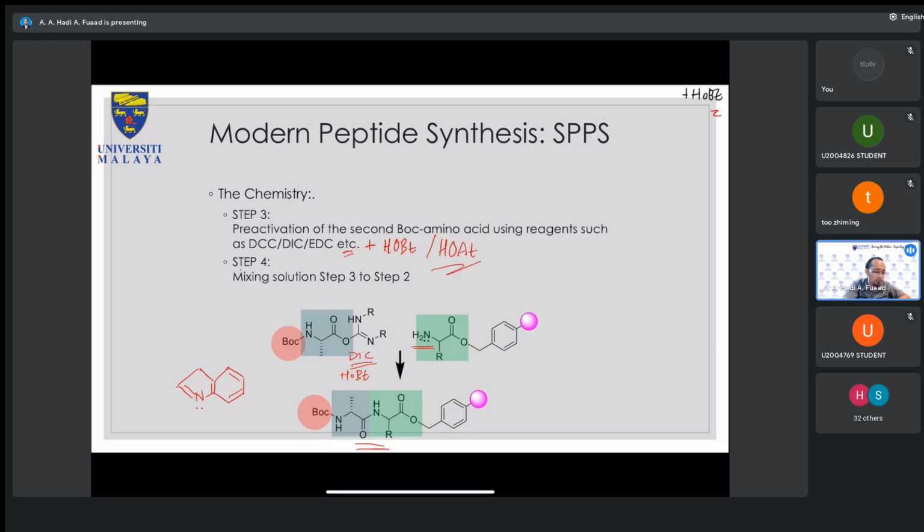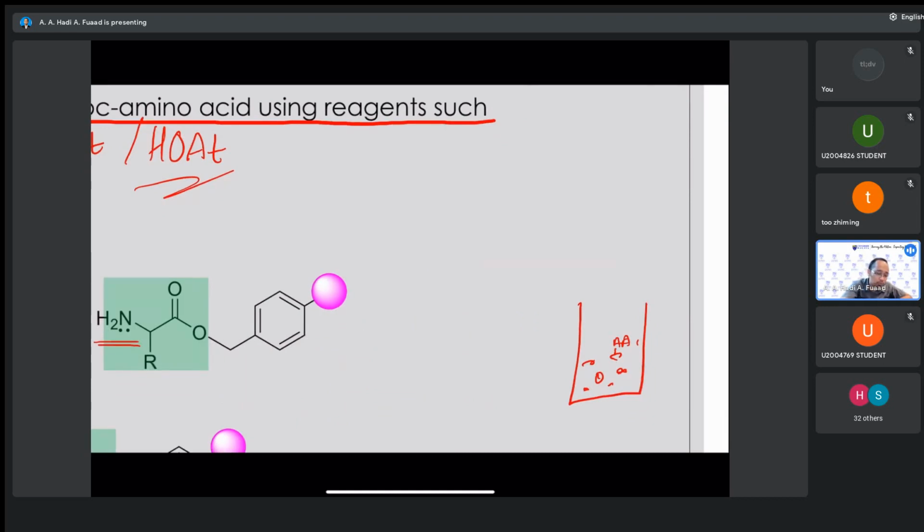Okay, and then step number 4, we just mix. So of course you pre-activate it. Pre-activation here means that you don't mix everything together. So if you have a reaction vessel, this one is the solid support with the first amino acid already in there. What you will do is pre-activate the second amino acid.